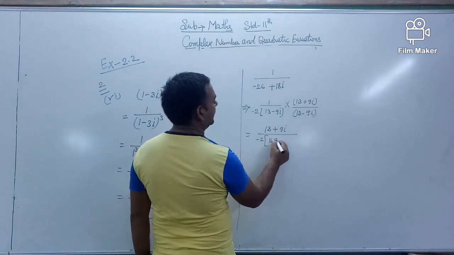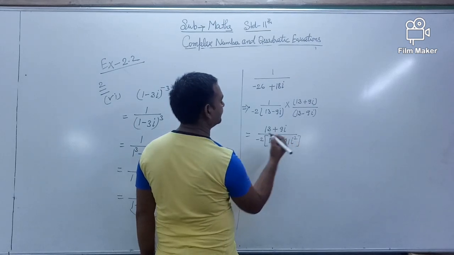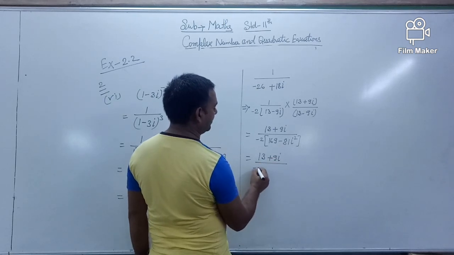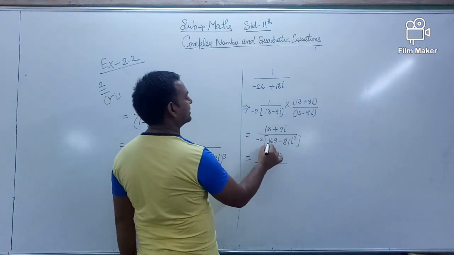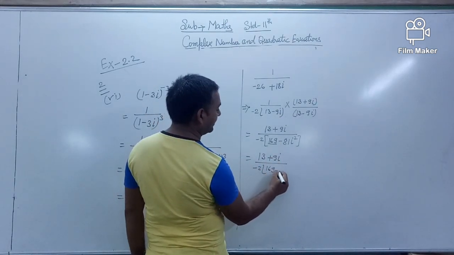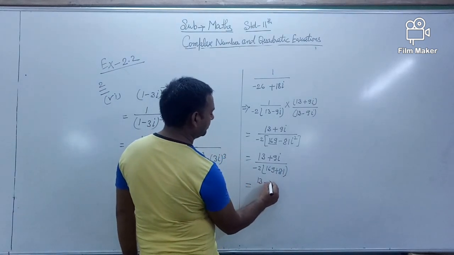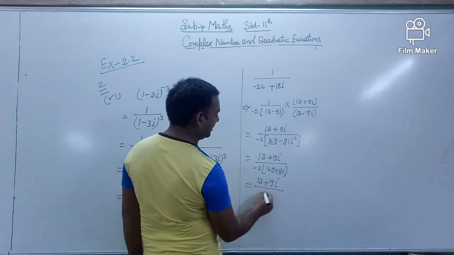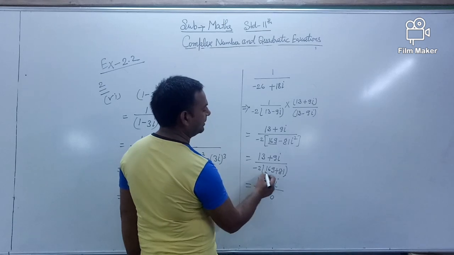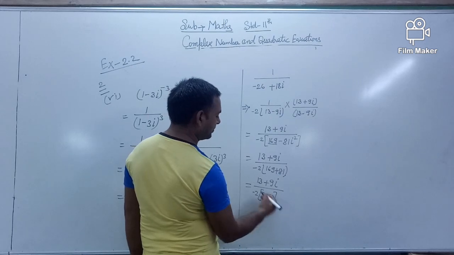Right? So (13 + 9i) upon minus 2 and bracket, 13 square it means 169, 9 square it means 81i square. (13 + 9i) divided by minus 2 and then 169 minus 81i square, that is minus 1, minus minus plus, so 169 plus 81. (13 + 9i) divided by minus 2 bracket, 250.